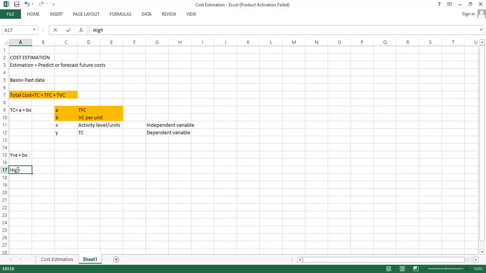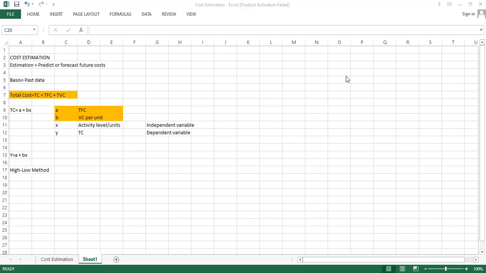How then does the high-low approach estimate the value of A and B? Somebody has told me in the chat already, Lillian says, the highest and lowest values of the fixed and the variable costs.